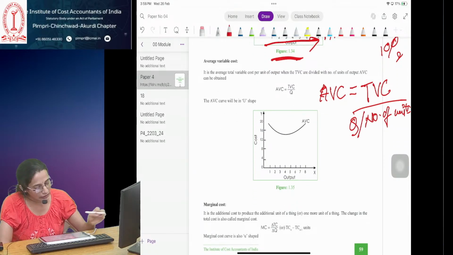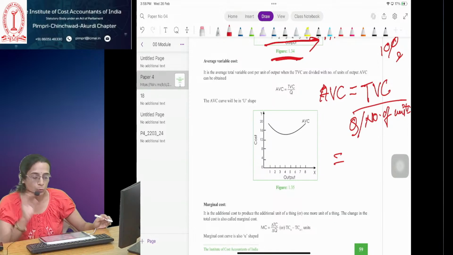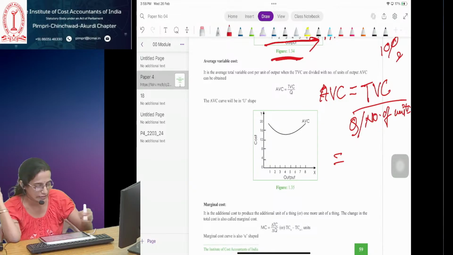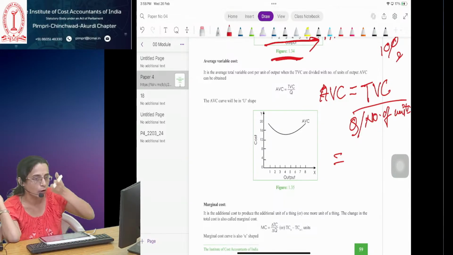See here, both are now varying. This is a U curve because the numerator and the denominator both will be changing. The number of units of output will increase, and as it increases, the total variable cost will also increase. So both are changing, and this is U-shaped, it is not falling.